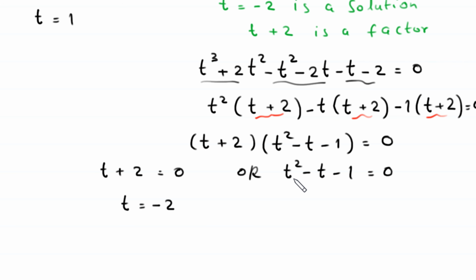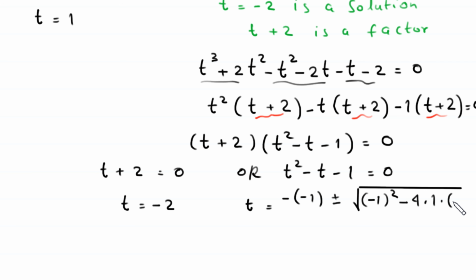From this quadratic equation, according to the quadratic formula, t is equal to negative b, where b is negative 1, plus or minus the square root of, in place of b squared we write negative 1 squared, minus 4 times a, which is 1, times c, which is negative 1, divided by 2 times a, which is 1.